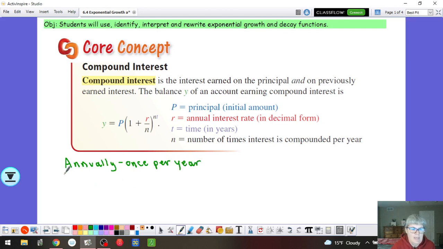If I say semi-annually, it is going to be twice per year, or 2 times per year. Quarterly is 4 times per year.